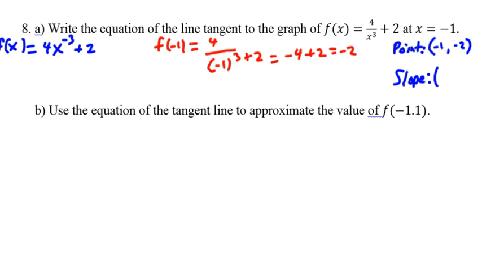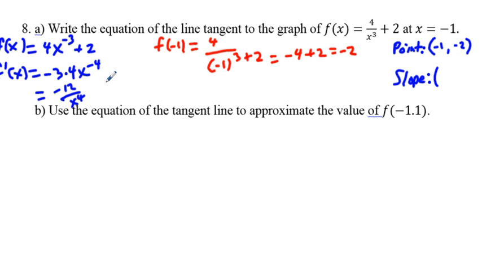Okay, we have f of x written here. Let's find f prime of x, and f prime of x is going to be -3 times 4 x to the -4 power, and that's going to be equal to -12 over x to the 4th power.